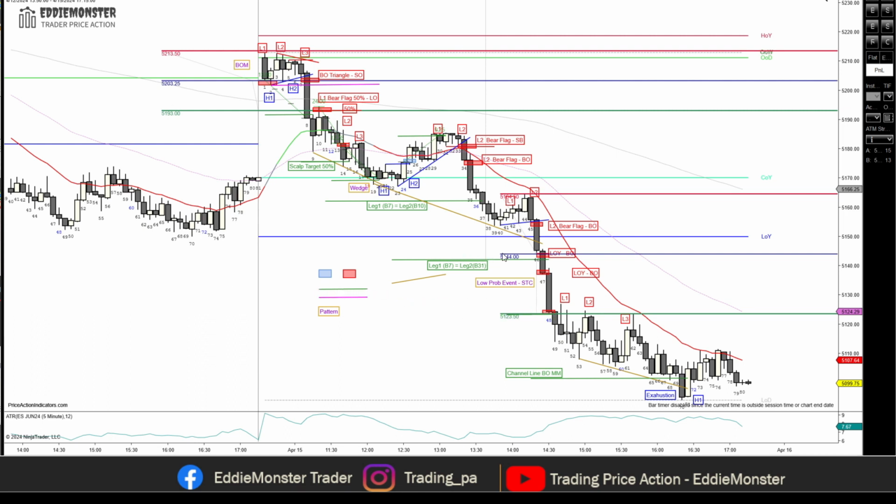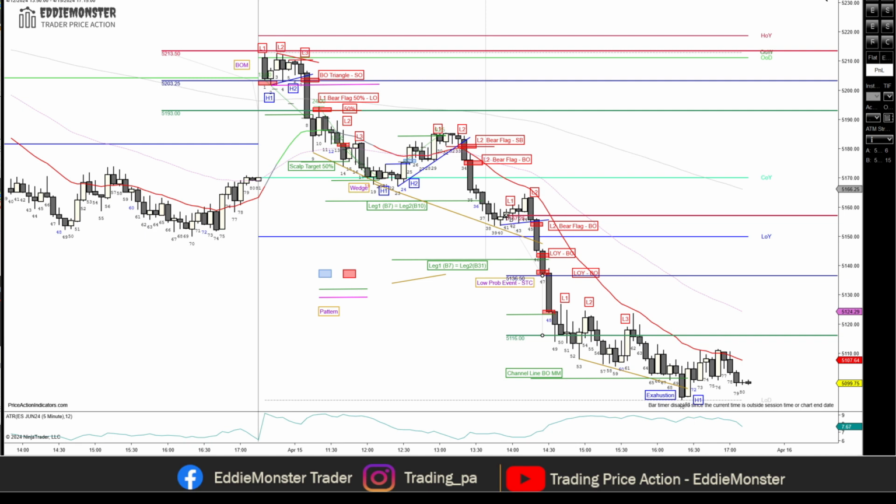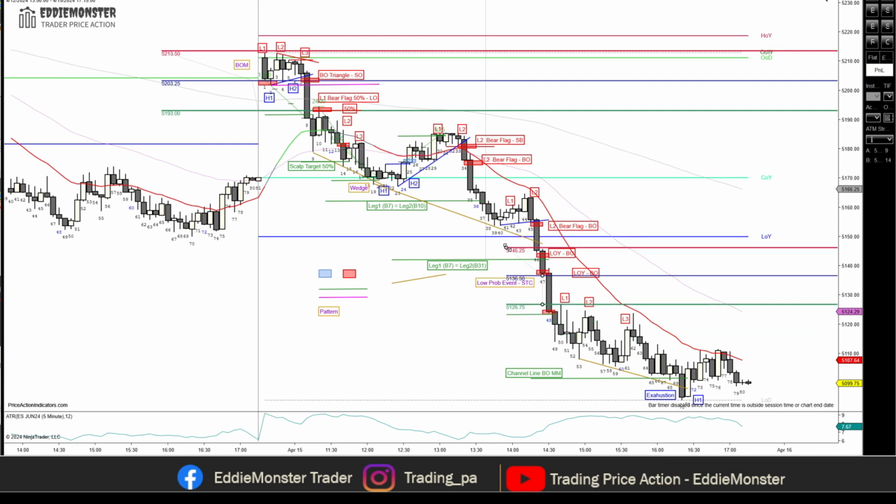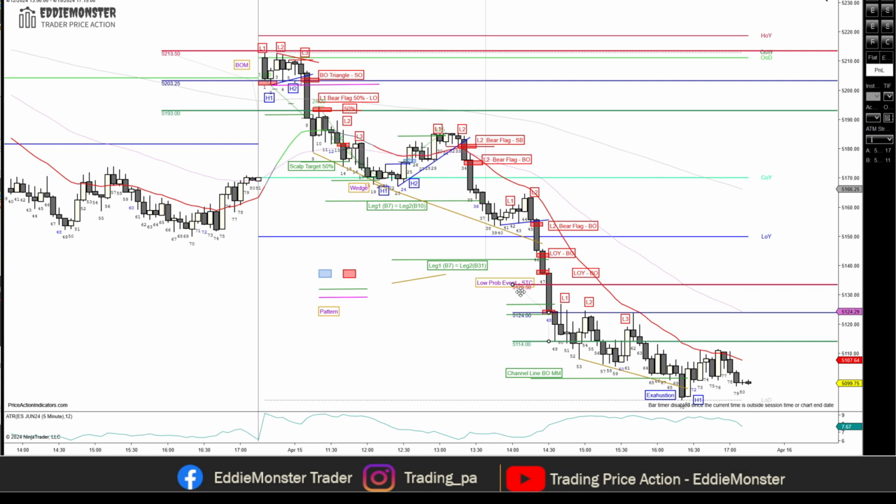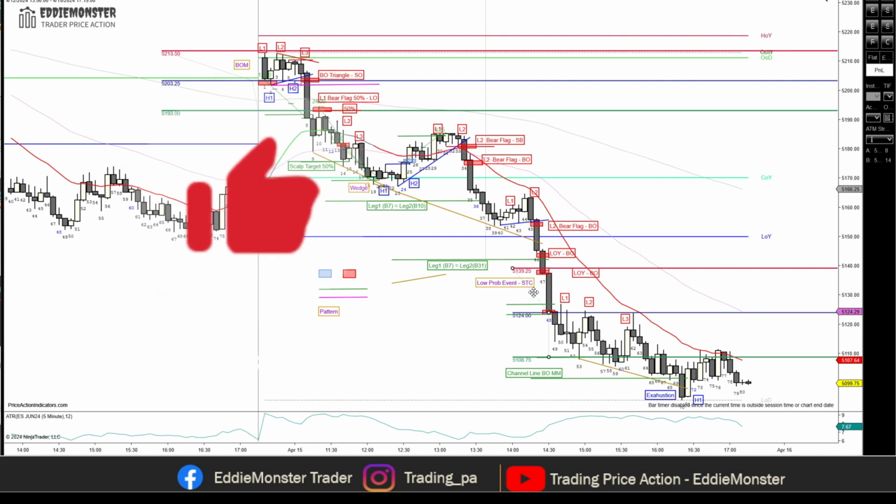If you take the 47, you get it here. If you take the 48, stop in there, you get it here, right? So you trade like this.